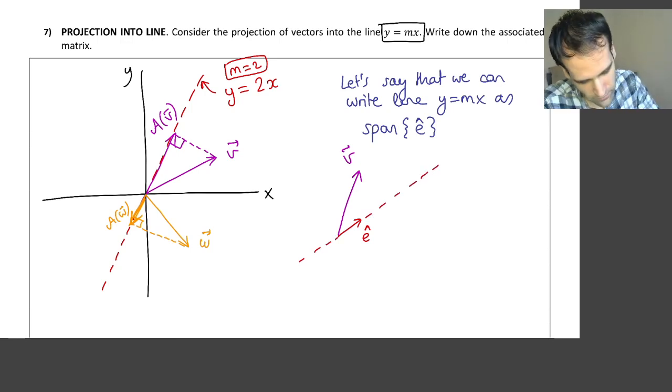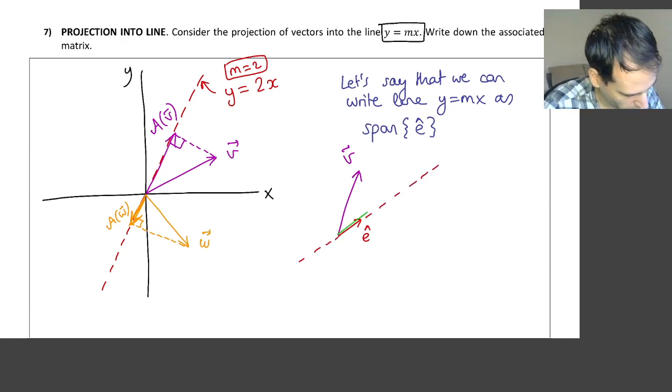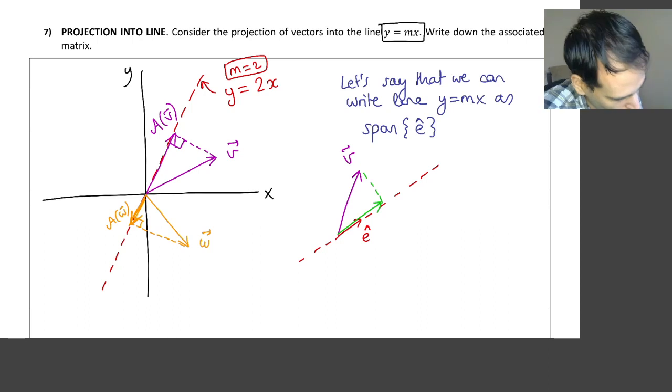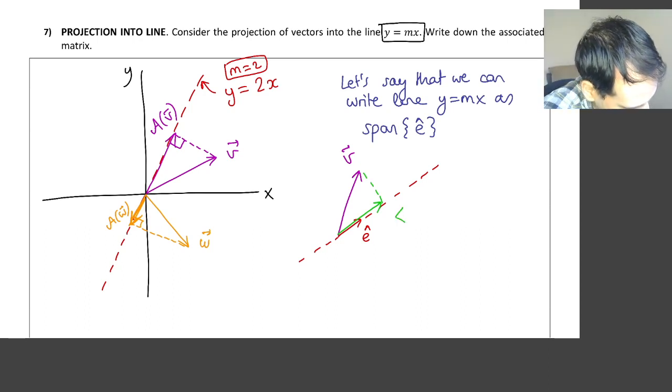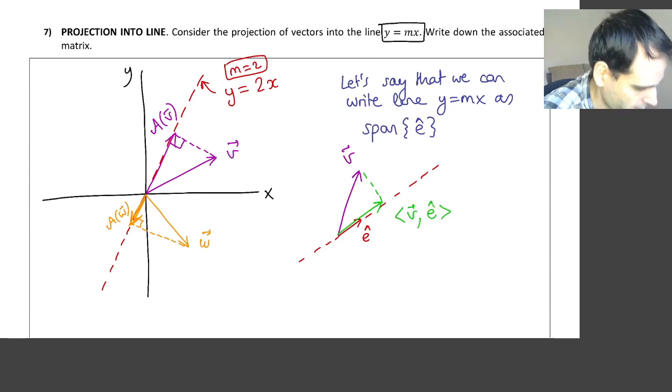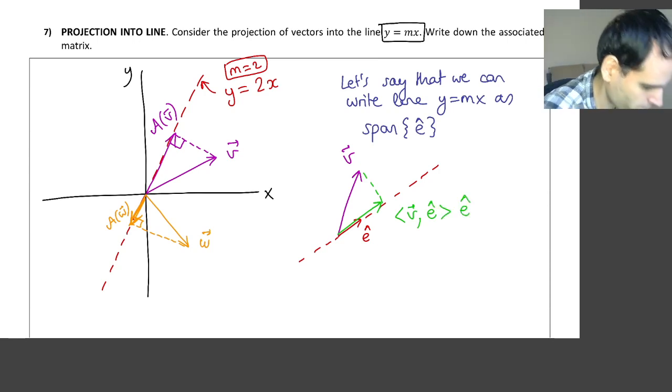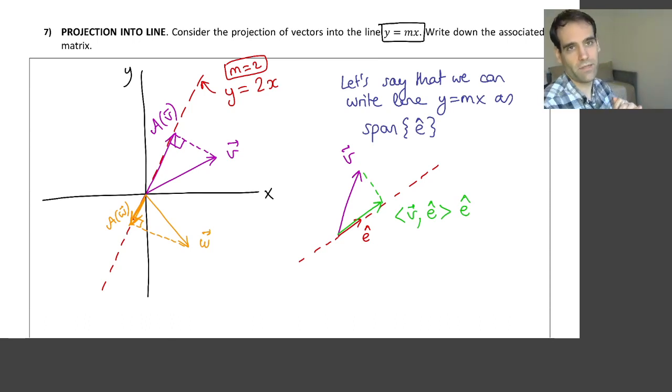There was a way of calculating this projection. This vector was equal to the inner product of v with e hat, which is a scalar number, multiplied by e hat. Yes, this was the recipe.